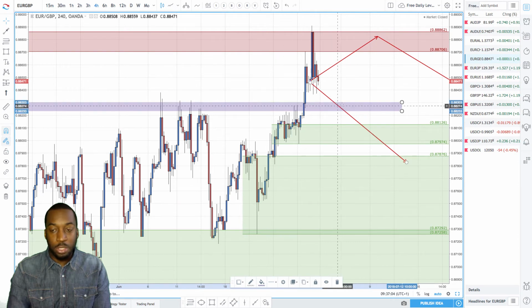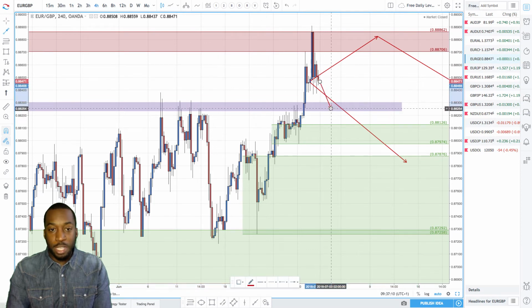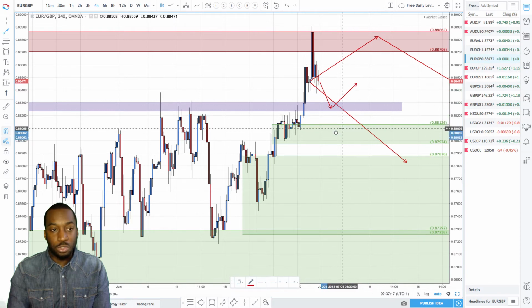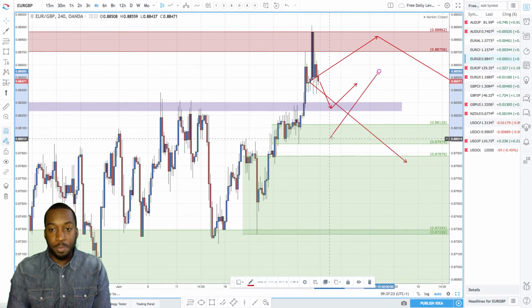It is on the top end, but if you were looking to potentially buy, this would probably be the first area where it would react. But I'm looking for something a bit deeper within this area to try and get to the long side. That'd be the first area, and then I'd be looking for this area right here to look to get long if I was buying the euro.